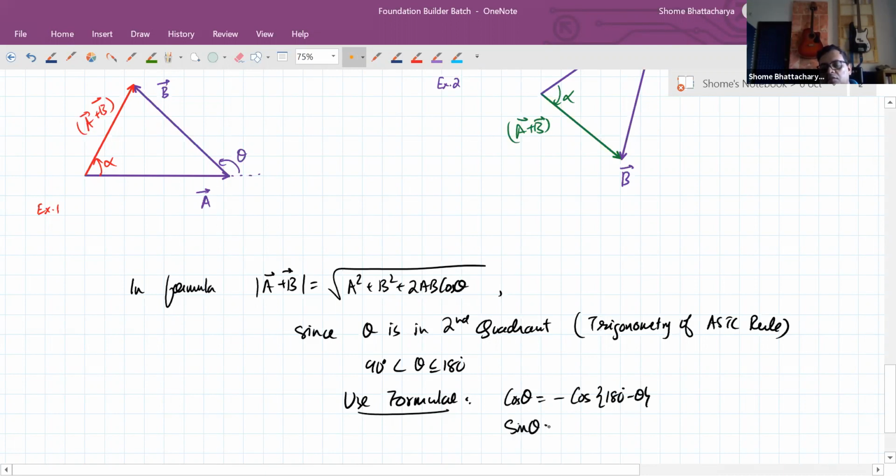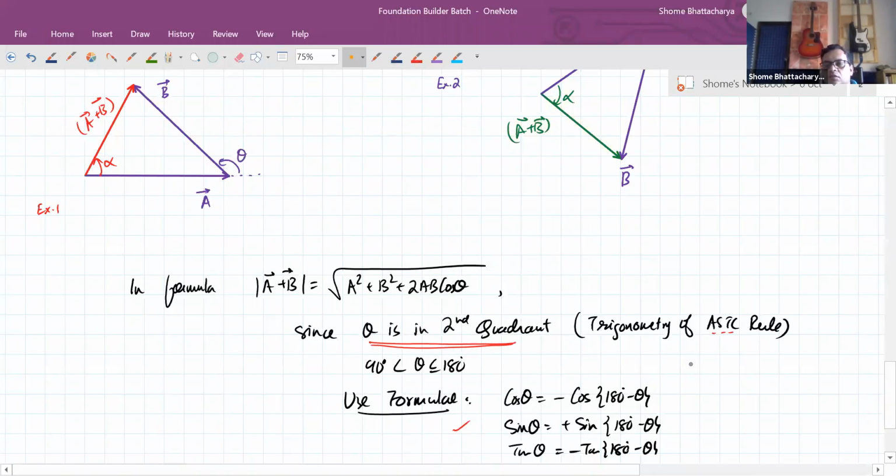Sin theta is positive, by ASTC, so in the second quadrant sin is positive. And tan theta similarly becomes minus of tan of 180 minus theta. So these are the trigonometry formulae that we use whenever our theta is in the second quadrant.